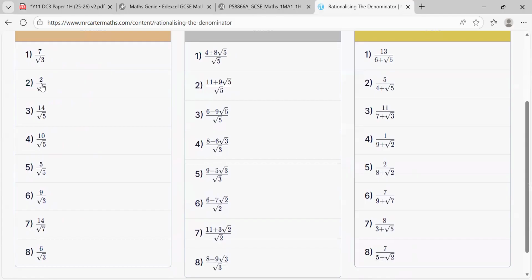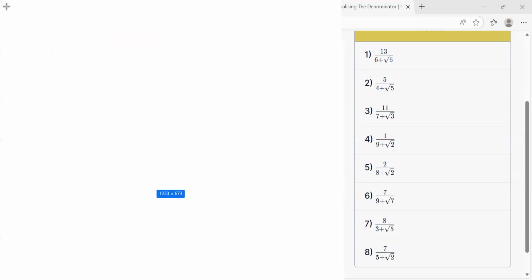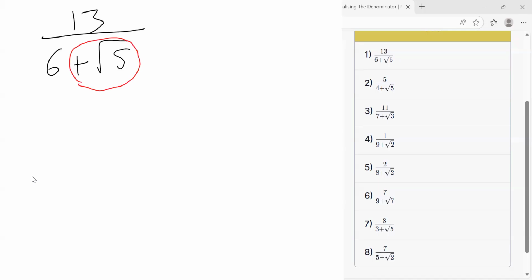So if I look at question 1 now, I've got 13 all over 6 plus root 5. So I can see I've got plus root 5. I'm going to have everything the same, I'm going to change the plus to a minus. 6, take away root 5, top and bottom.